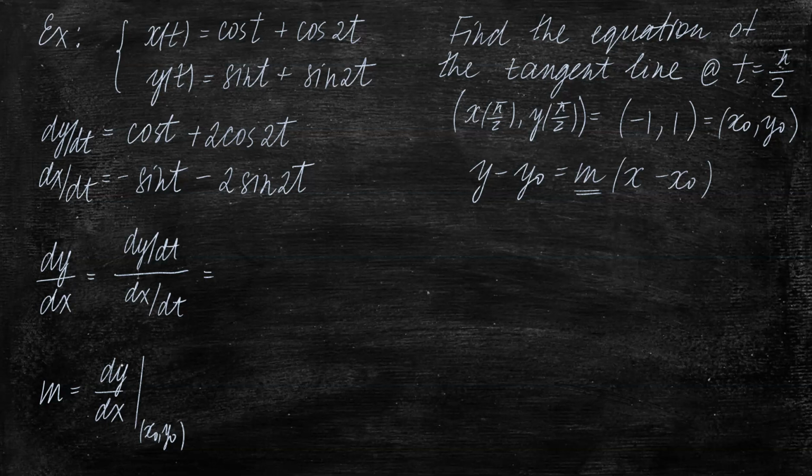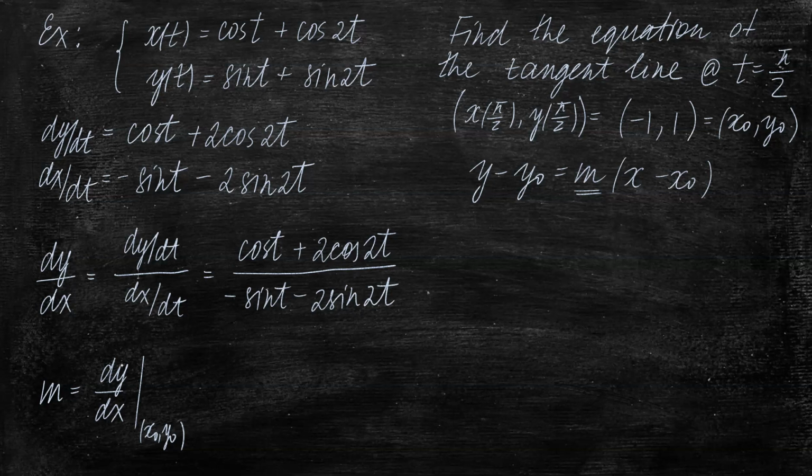So we're now plugging it all in. So dy/dt, cosine t plus 2 cosine 2t, goes here. Negative sine t minus 2 sine 2t goes here. And now we're going to evaluate it all at the point -1, 1.